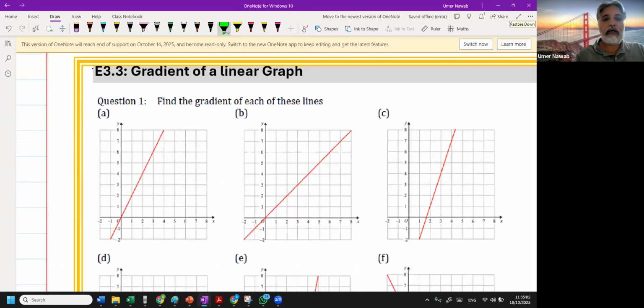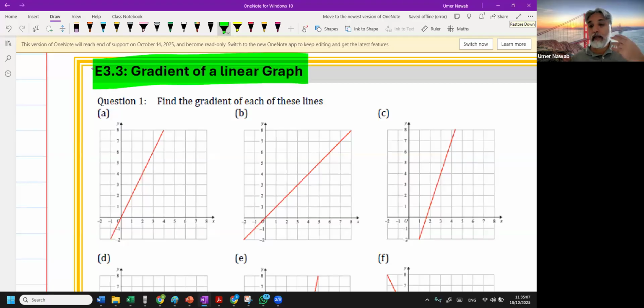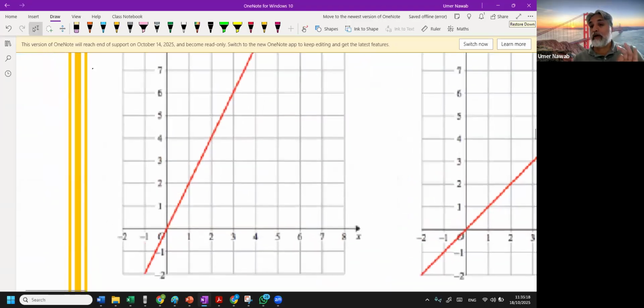Now we come to E3.3 where a line is drawn by the examiner and we need to write the gradient, which is very, very easy. You just need to focus on those points from where the line is passing through, which are the corners.